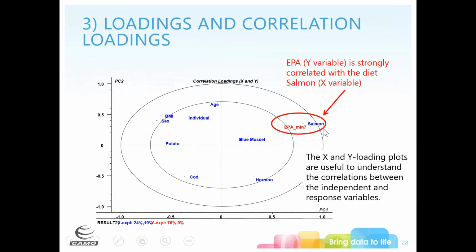Things that are on the other side of your correlation loadings, so like potato or your BMI, they are anti-correlated. So as BMI increases, this measurement is decreasing. In this case here, sex and BMI variables are correlated with each other because they're very near to each other, but they are anti-correlated with this hormone measurement.